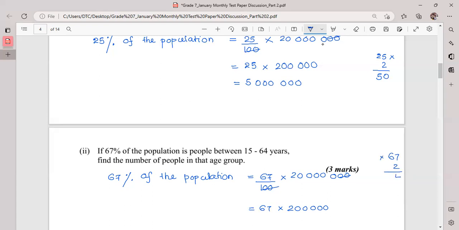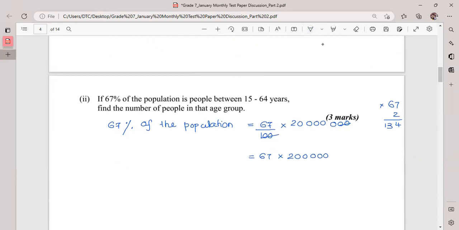So then 67 you multiply by 2. What is the answer? 134. So then how many zeros should be there? 5 zeros. So then you write 13,400,000.